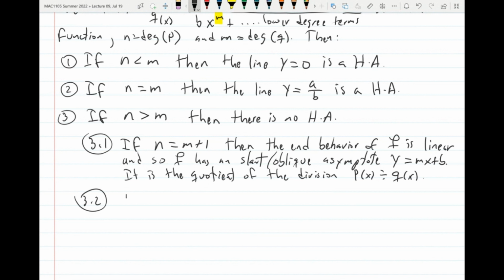Otherwise, meaning if the degree of the top is more than 1 compared to the bottom, then there is no slant asymptote, and what we have is a polynomial behavior or a power behavior.